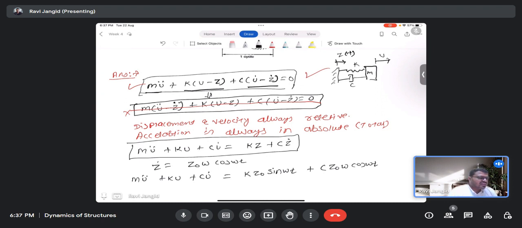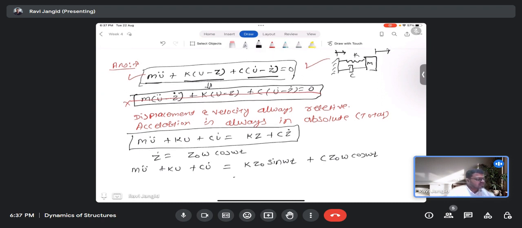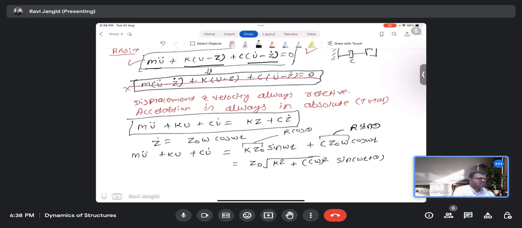I can write this as z naught square root of k square plus (c omega) square, into sine omega t plus theta, if I consider one term as some constant r cos theta and the other as r sine theta, then simplify.